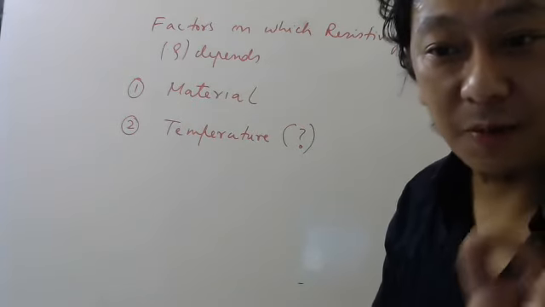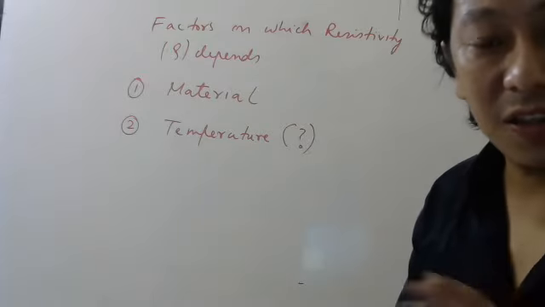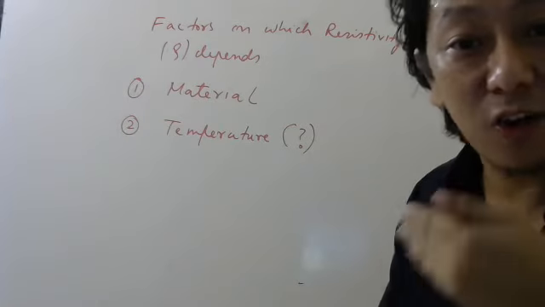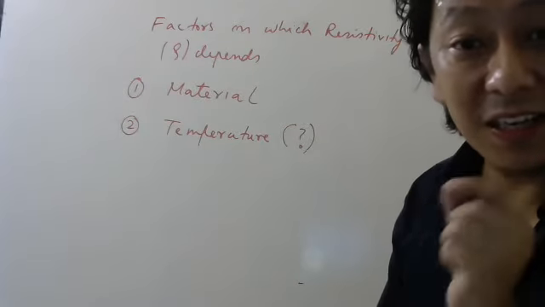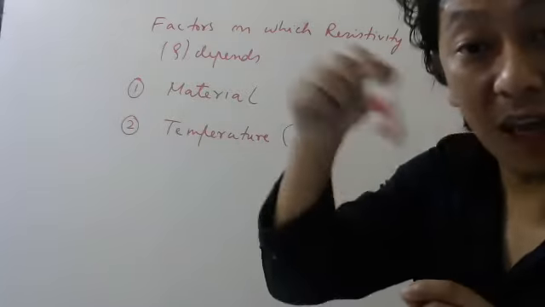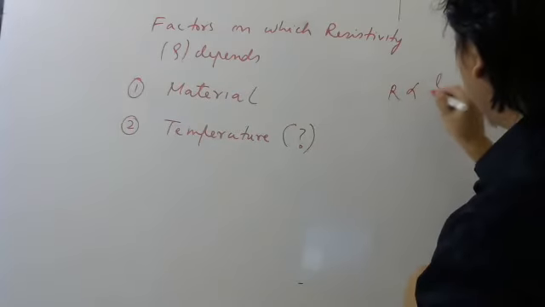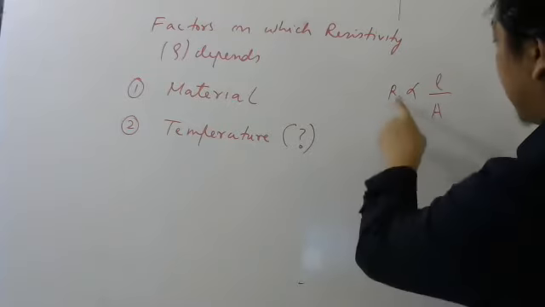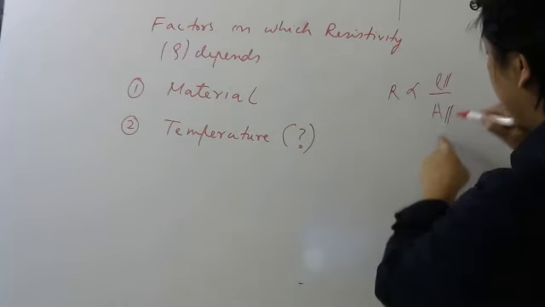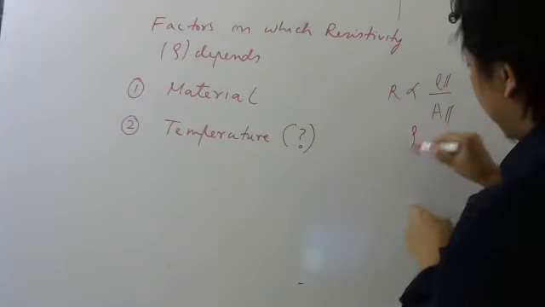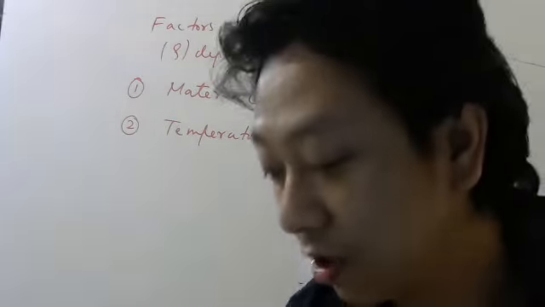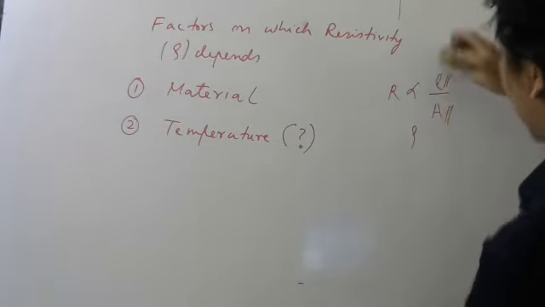If something comes as a constant of proportionality, then it does not depend on y and x. So here resistance is proportional to L by A. If you change this, this will change. Resistivity is a constant which does not depend on length and area.